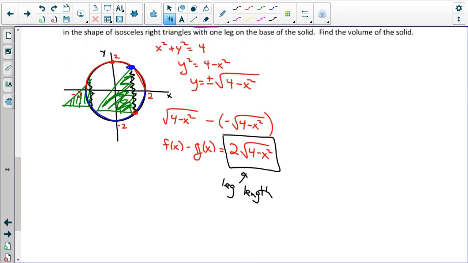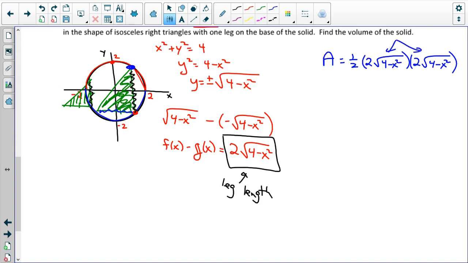So now that I have that under control, I'm going to find the area. So the area function is going to be 1/2 times 2 root 4 minus x squared times 2 root 4 minus x squared. That's how we find the area of an isosceles right triangle.